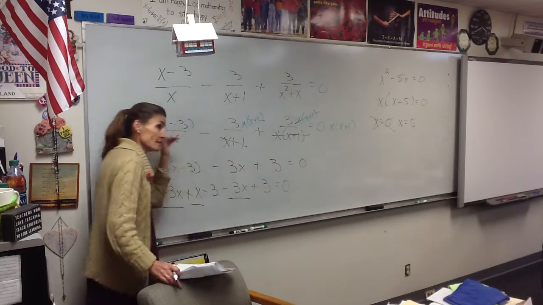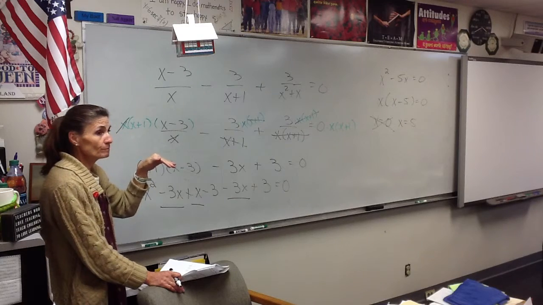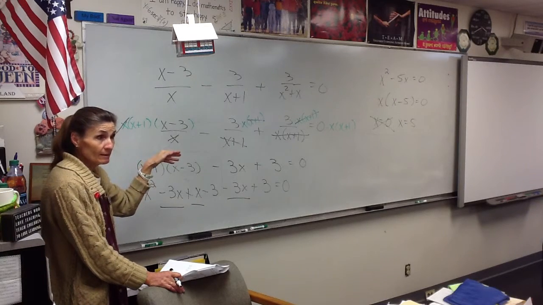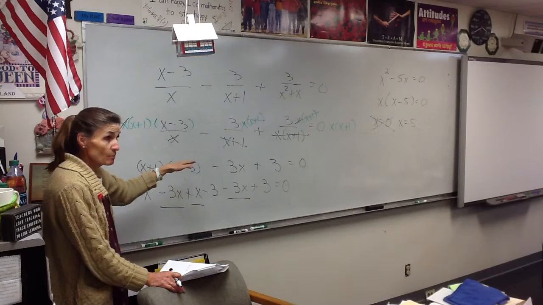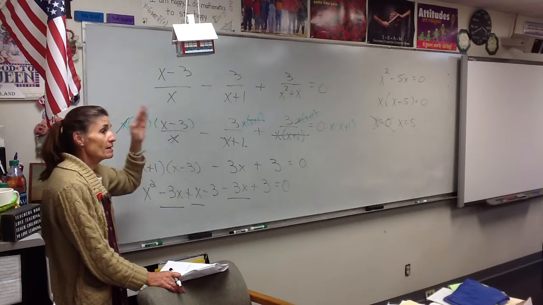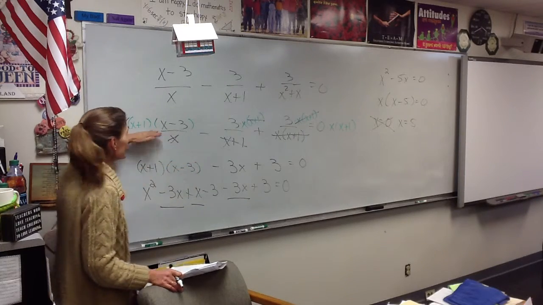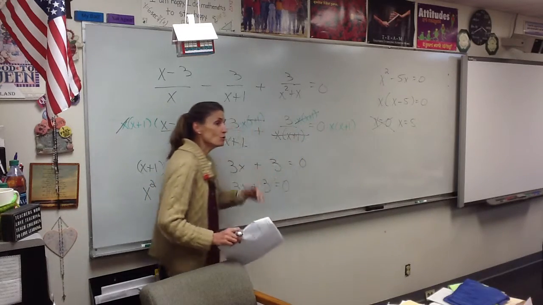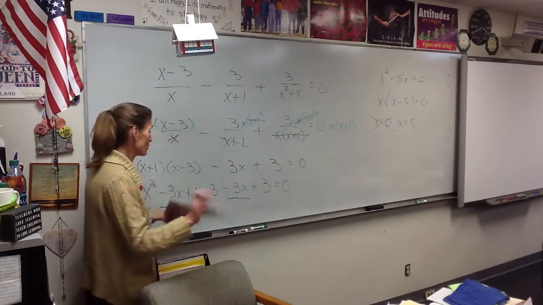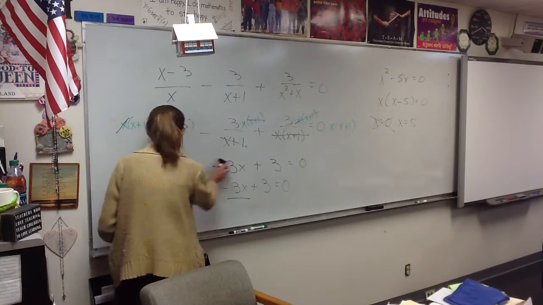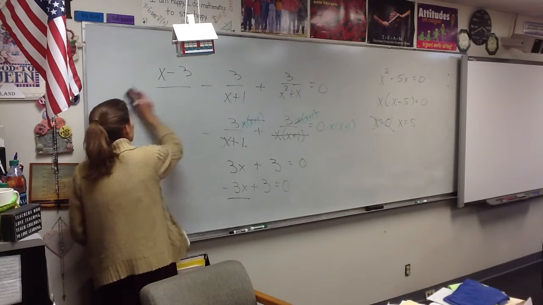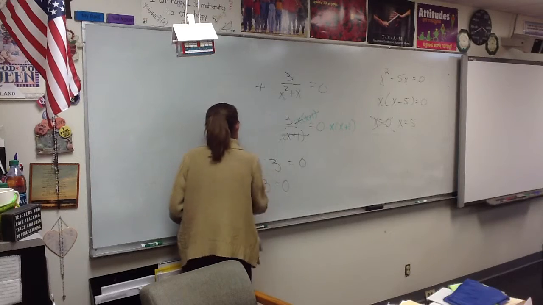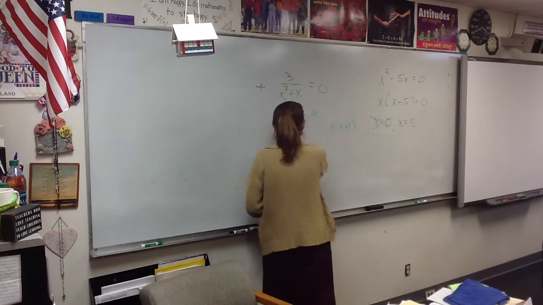And because she didn't write it down next to each term, she forgot and made a mistake. It was a small mistake, but it was simply the result that she didn't take the time to write this down next to every term. If you do that, you're going to save yourself so much grief. So try to not be lazy. Try to write it down next to every term and do the cancellation.